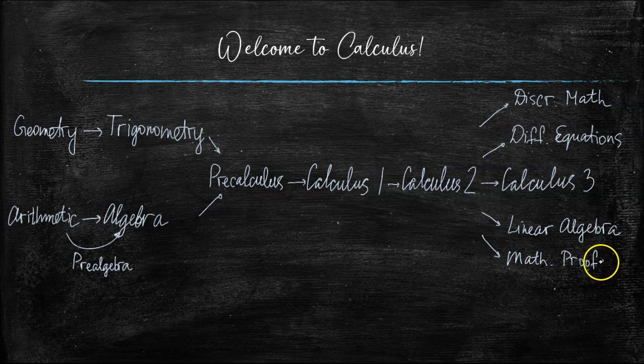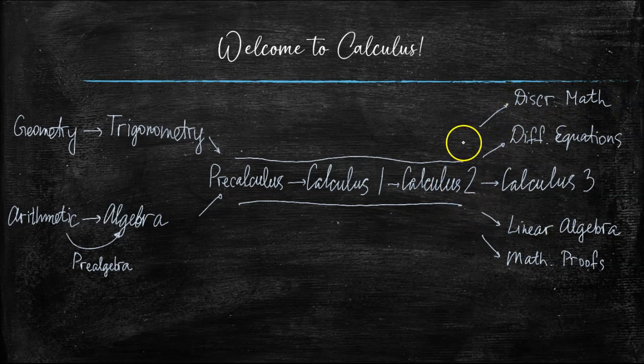But the idea is that there are many more courses out there, and the calculus sequence is not the end of it. But as you can see, calculus creates a kind of pipe, the only entrance into this plethora of courses.